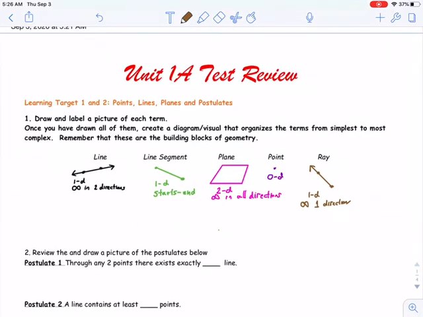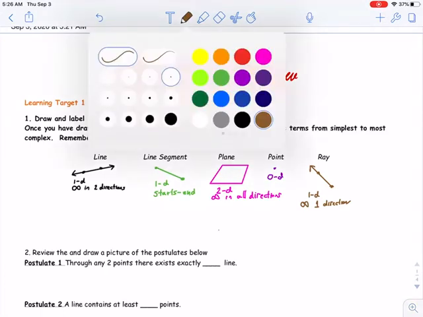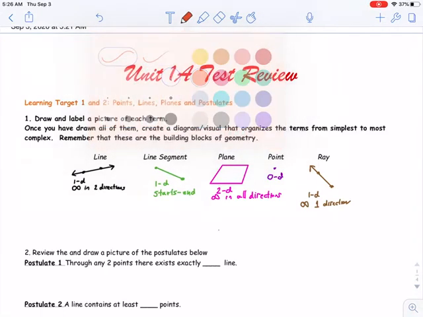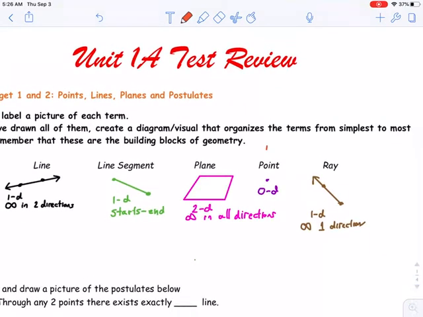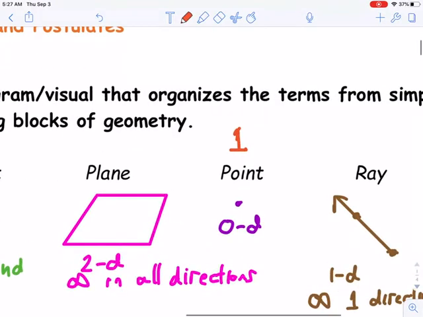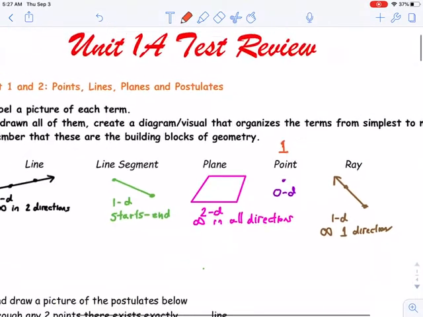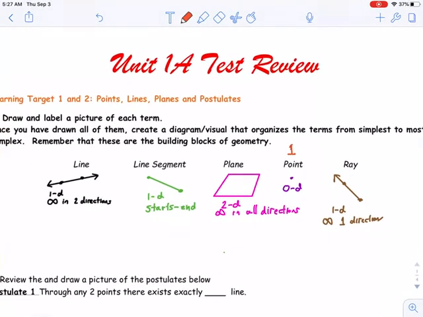All right, so let's go from simplest to most complex. The simplest one, we'll write a little thing above it, will rank is point. All right, 0 dimensions. It's the only 0-dimensional geometric figure that we're talking about. It's a weird looking one, but it is. Next one would be the line segment. It has a beginning and an end.